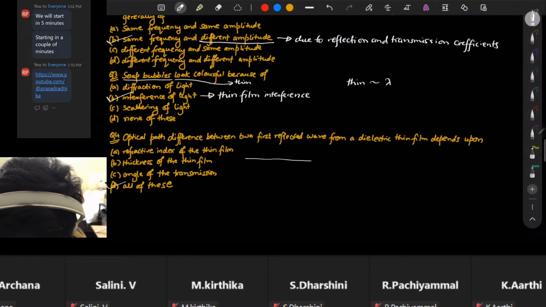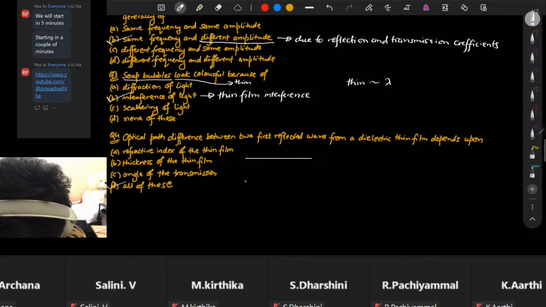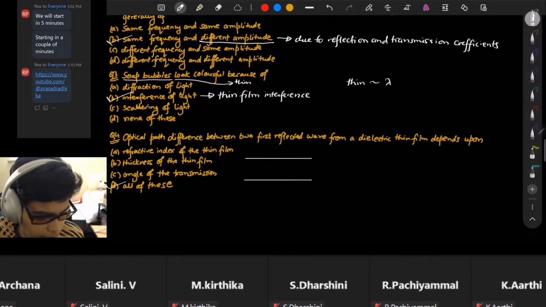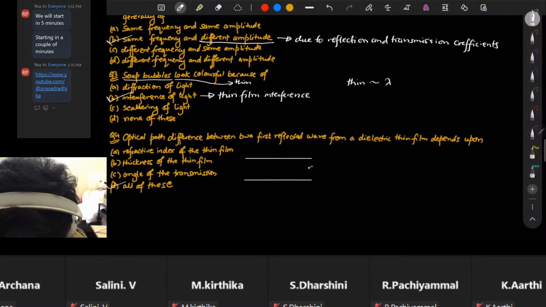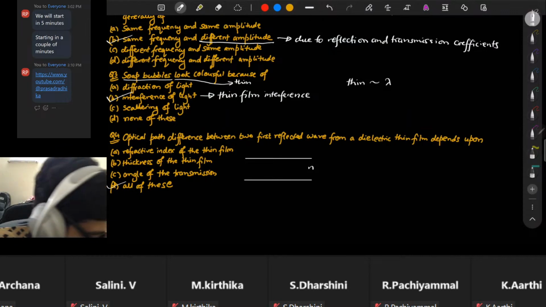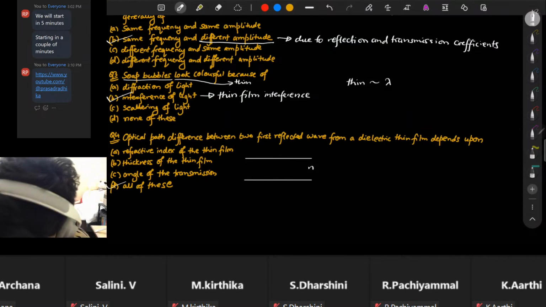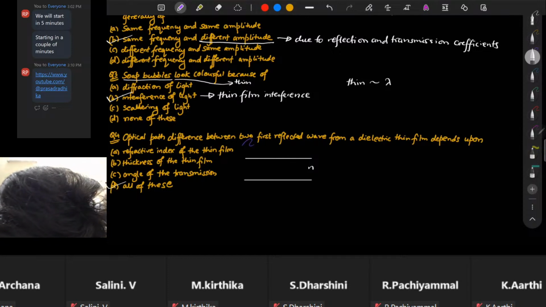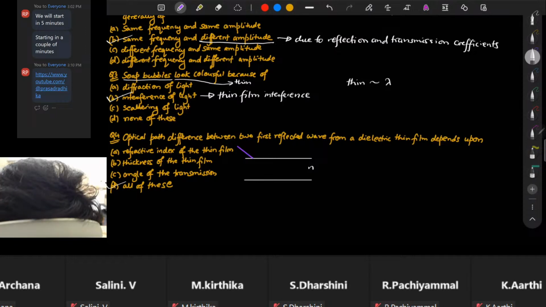So let me draw the thin film. This is the thin film, this is the top surface, this is the bottom surface, and this refractive index is N. So I have one incident beam, incident at an angle theta.